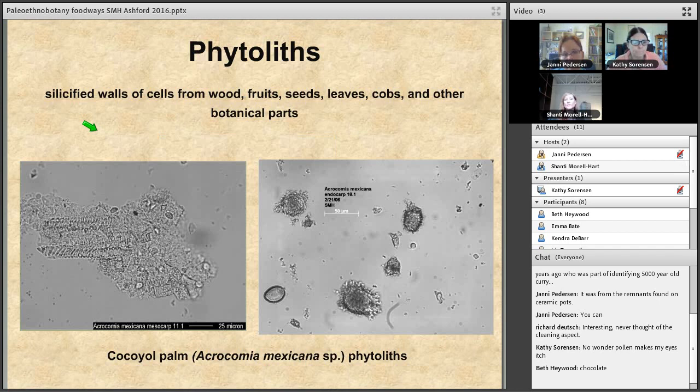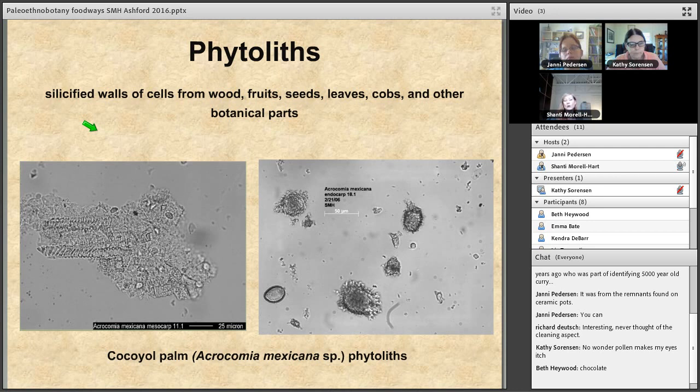Then we've got phytoliths, which are basically the silicified walls of cells, or sometimes the silica that gets deposited between plant cells from a variety of botanical parts: wood, fruit, seed, leaves, corn cobs, other botanical parts. So some of these are diagnostic, meaning they're different from all the other kinds of phytoliths out there. So we could pinpoint a particular species or genus or family of plants.